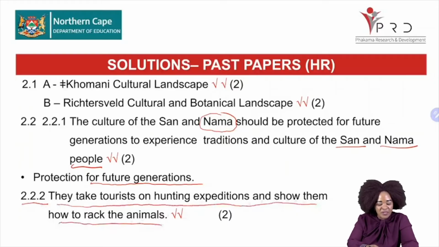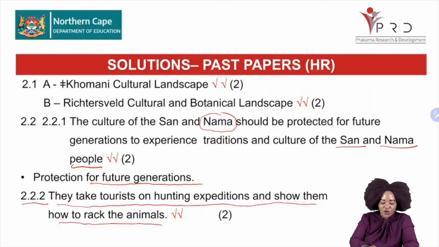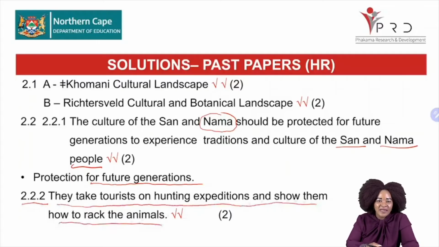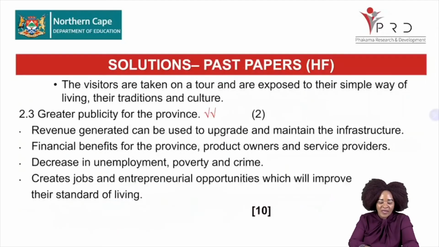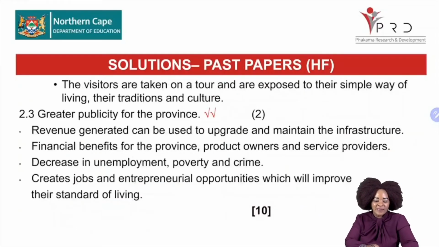So it is important that they also teach the tourists that come to their area, to see how they hunt and show them how to wreck the animals, because it is a learning curve for the tourists to learn what the Nama people and the San people are still doing in these two attractions or World Heritage sites.